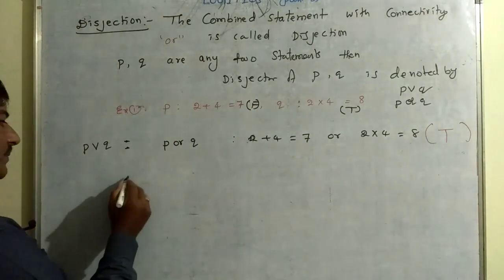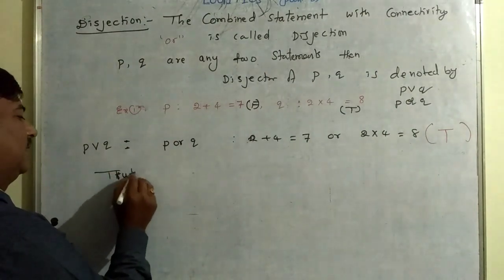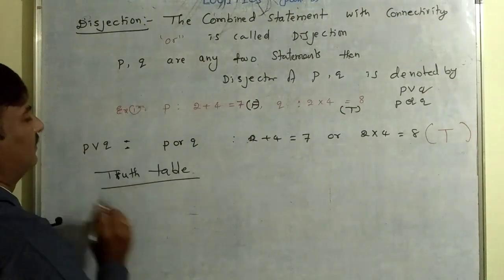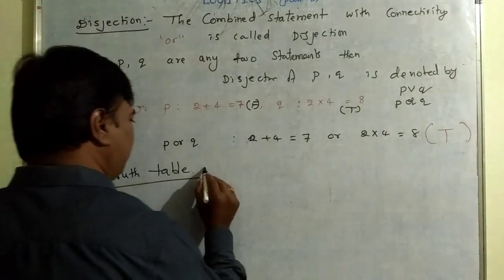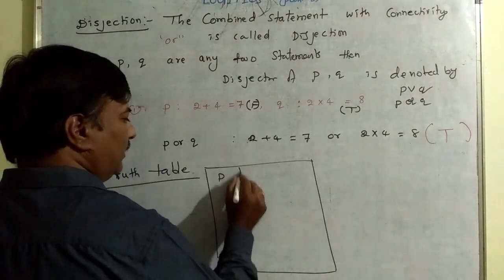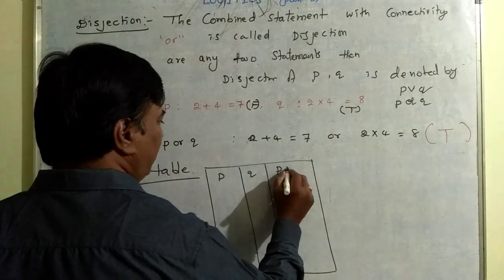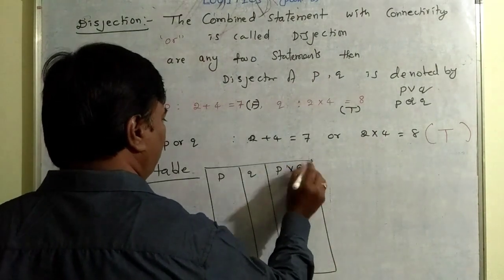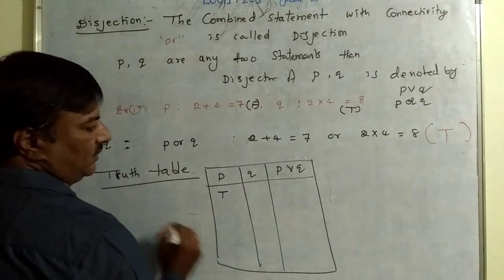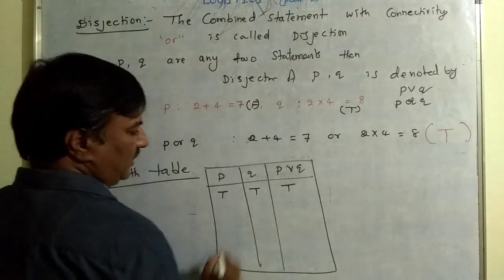Let's consider here the truth table for disjunction. P and Q are two statements. Their disjunction is P disjunction Q. P true, Q true: P or Q is a true statement.